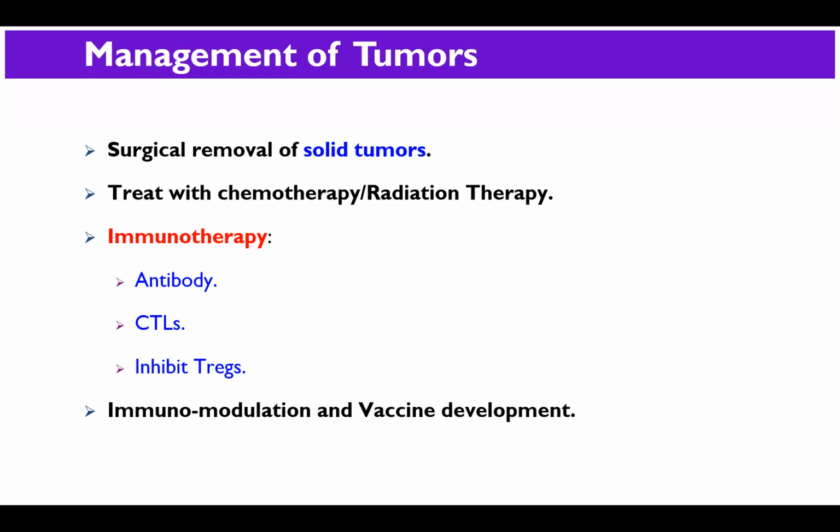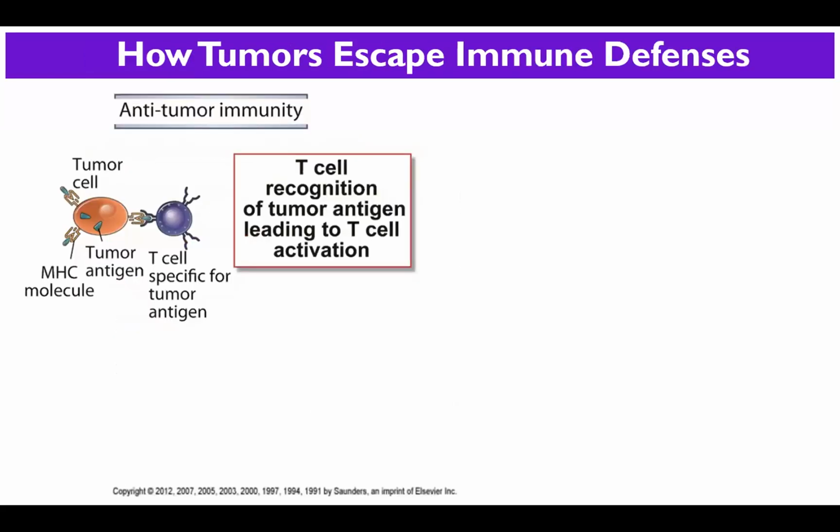But then there's also the development of cancer vaccines. And you're going to see briefly some examples of how folks are doing this. So to get there, let's talk a little bit about the mechanism by which tumors really fool around with the immune system.